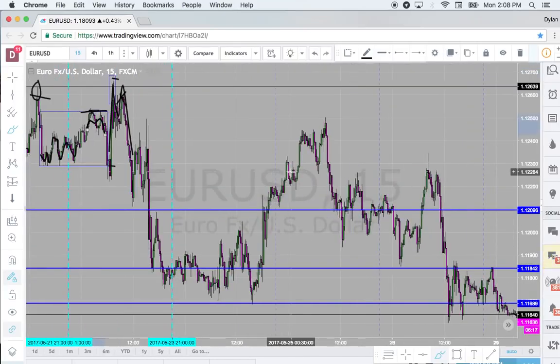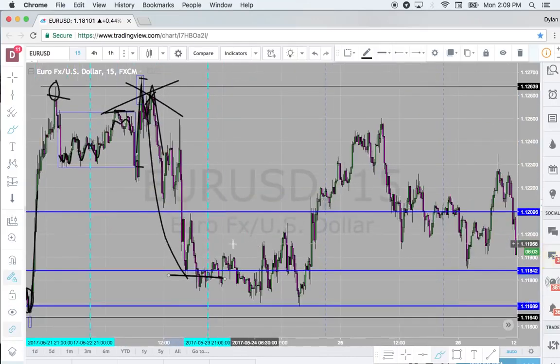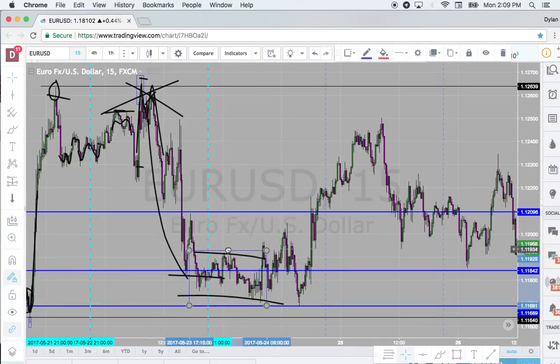So, if we sold the second leg here, price comes down and then ends the day in consolidation, Asian session, like we talk about. Okay, all the time.